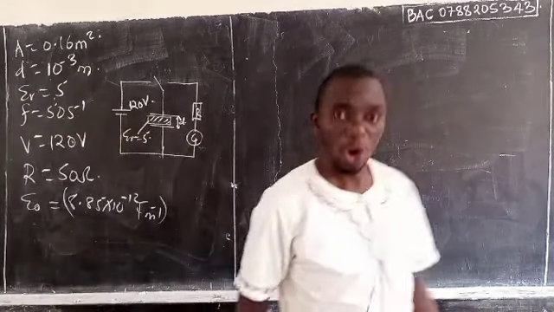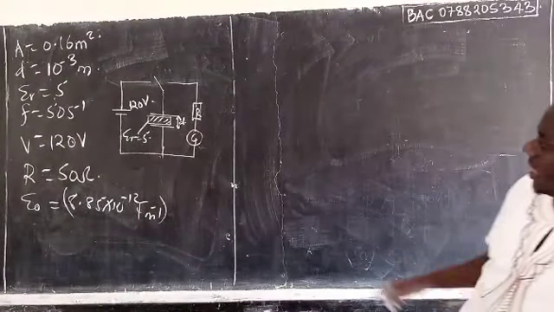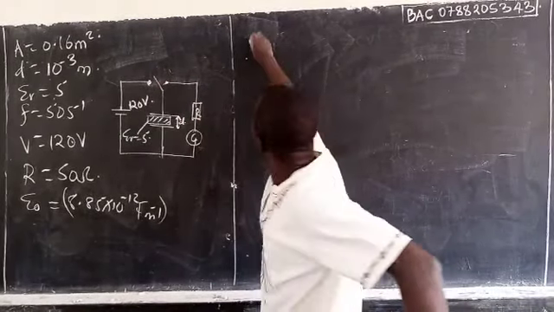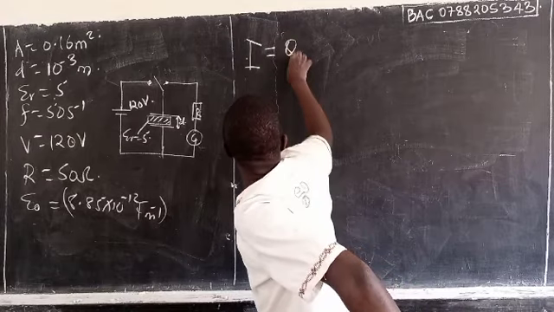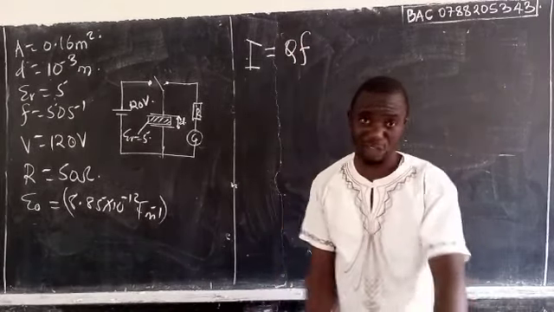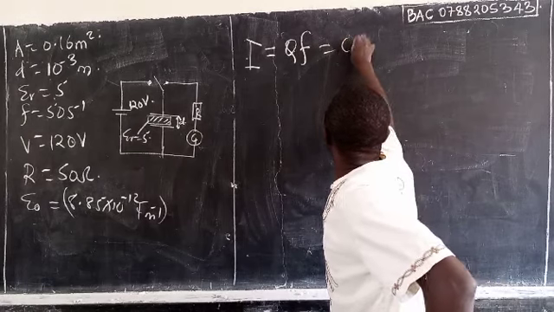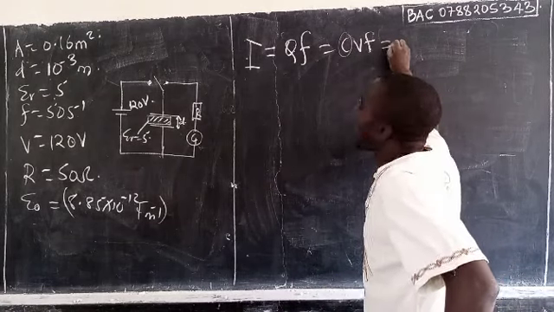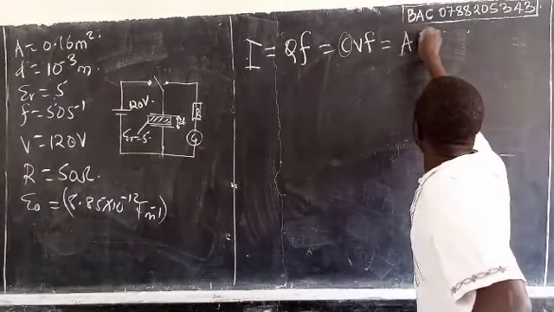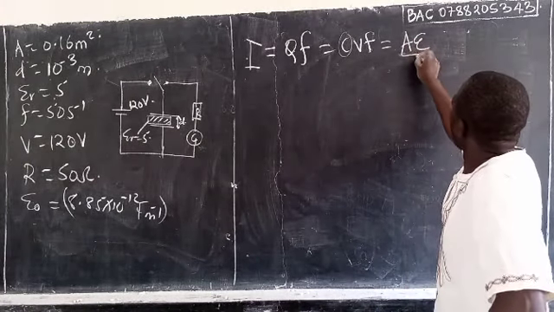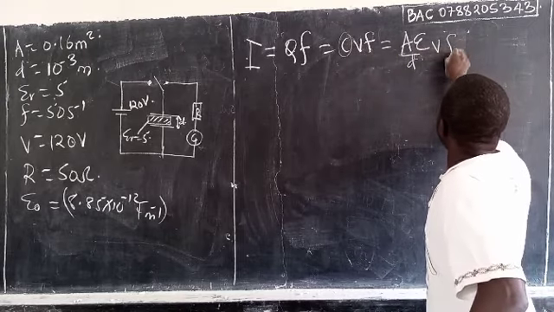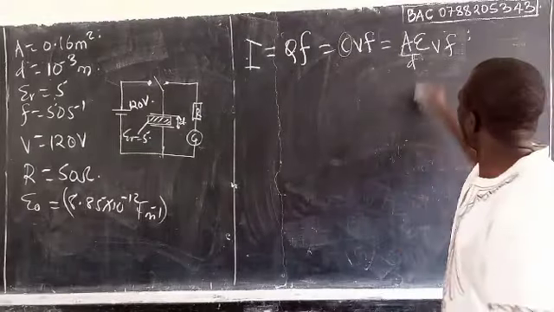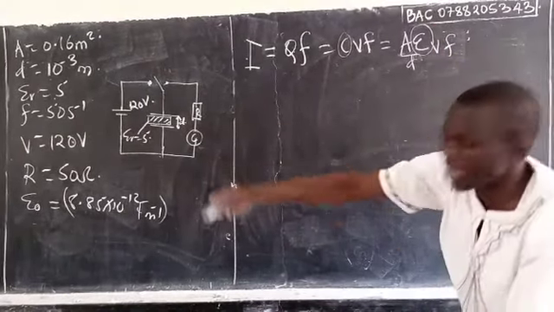What we know is that when the capacitor is charging, the current I is QF. We have seen that one before. The charge is CV, which is CVF, okay? But C, for a parallel plate capacitor, is A epsilon out of D. So we have the V and we have the F. But we are not given the permittivity of that medium.